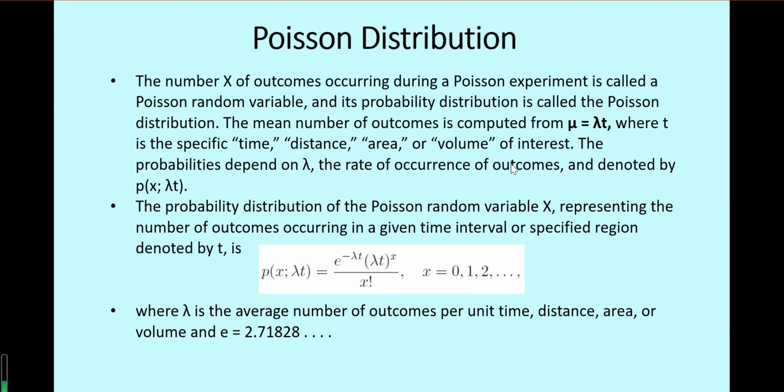Usually we just use mu here. Mu represents the average occurrence in the long run, the average occurrence in this time period, not necessarily the unit time period. It can be any time period.